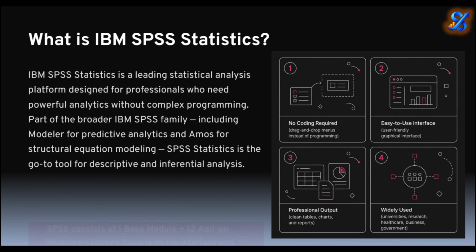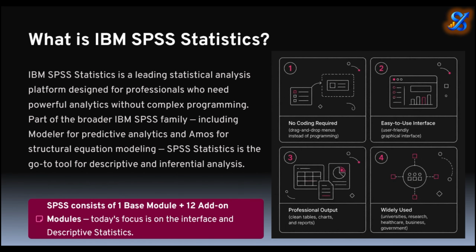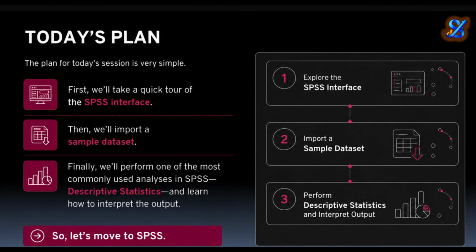Now let's briefly talk about the modules available in SPSS. SPSS consists of one base module along with 12 add-on modules. The plan for today's video is like this. First we'll take a quick tour of the SPSS Statistics software to know the basics and the interface.